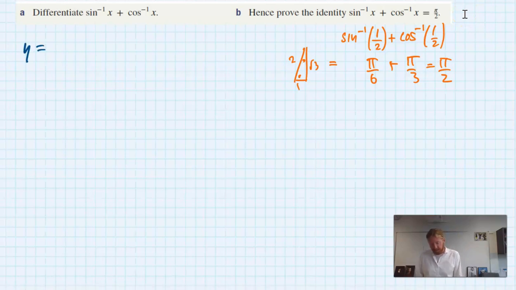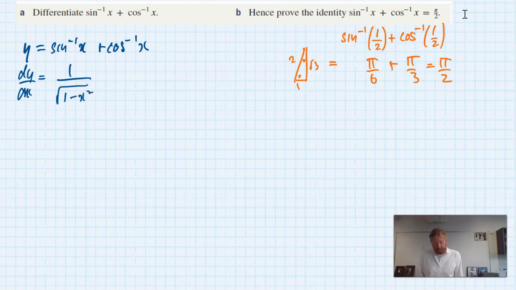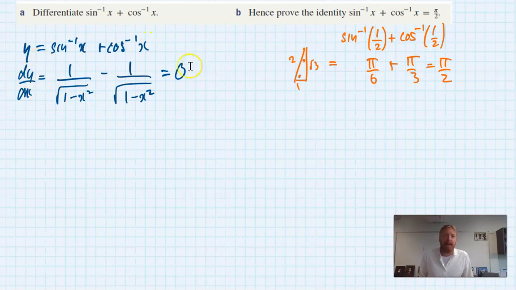Y equals sine inverse x plus cosine inverse x. Dy dx equals 1 on square root of 1 minus x squared plus the derivative of that, which is the same thing but minus. Alright, that equals 0. Okie dokie. The derivative function equals 0. What does that mean? Who has a derivative function of 0?